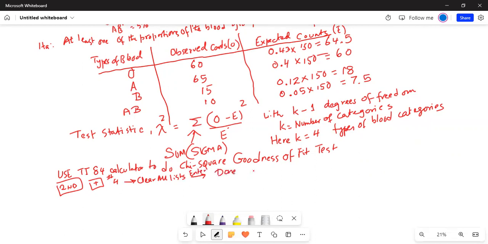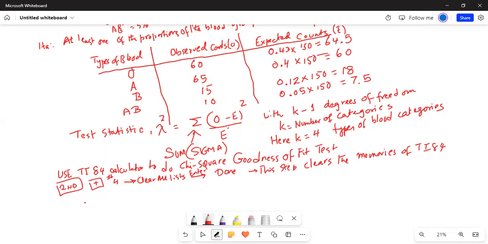This step clears the memory of the TI-84. So let's do that: second, plus, and 4. Okay, we get done.